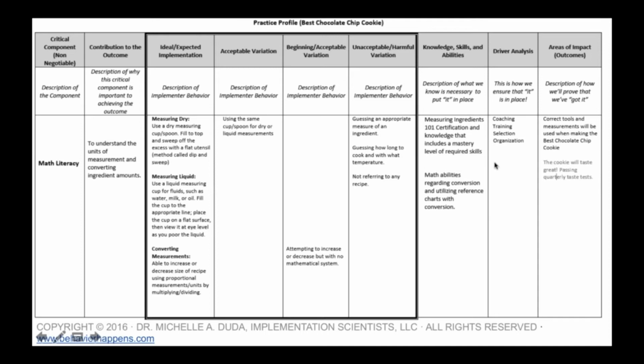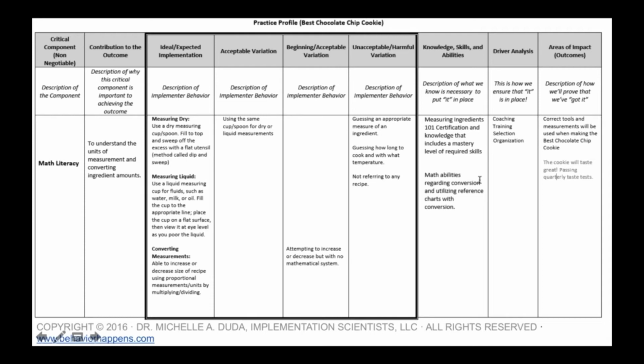In the acceptable variation, which is the next column, maybe you're using the same cup or spoon to measure the liquid measurements. So you're measuring them, but it's not quite the way we want you to do it. You're not quite there. Another variation in the beginning column you could see is, when you're talking about converting measurement, you're attempting to increase or decrease the ingredients, but there's not a systematic way to do it.